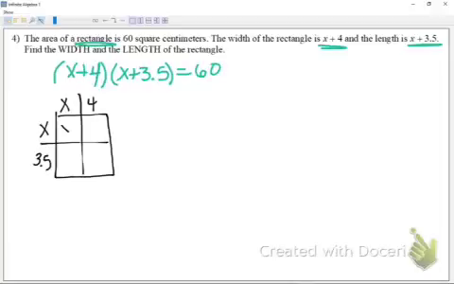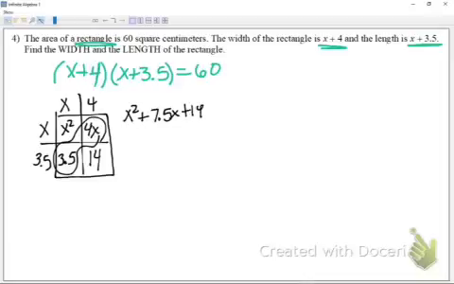Okay, with that, you should have x squared, 4x, 3.5x, and 14 when we multiply 3.5 and 4 together. Add that diagonal, so you should have x squared plus 7.5x plus 14 equals 0.